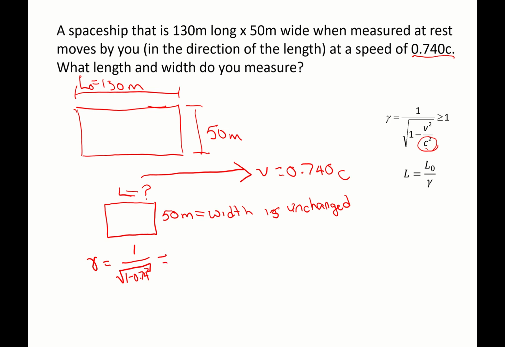So my gamma is equal to 1.49. So my new length is the old length, the proper length, divided by gamma. So 130 divided by 1.49, and I get 87.4 meters. Okay, so that spaceship now looks a lot shorter, but it's the same width.